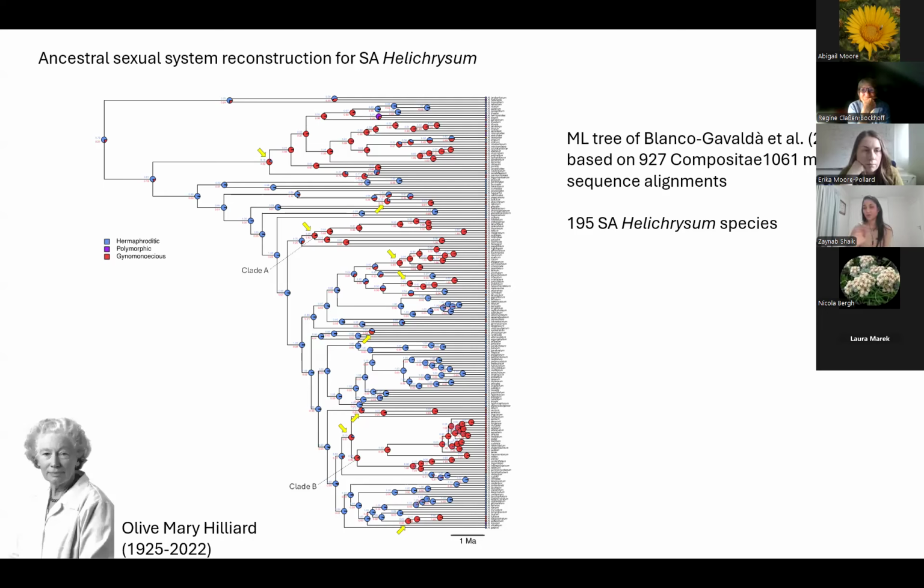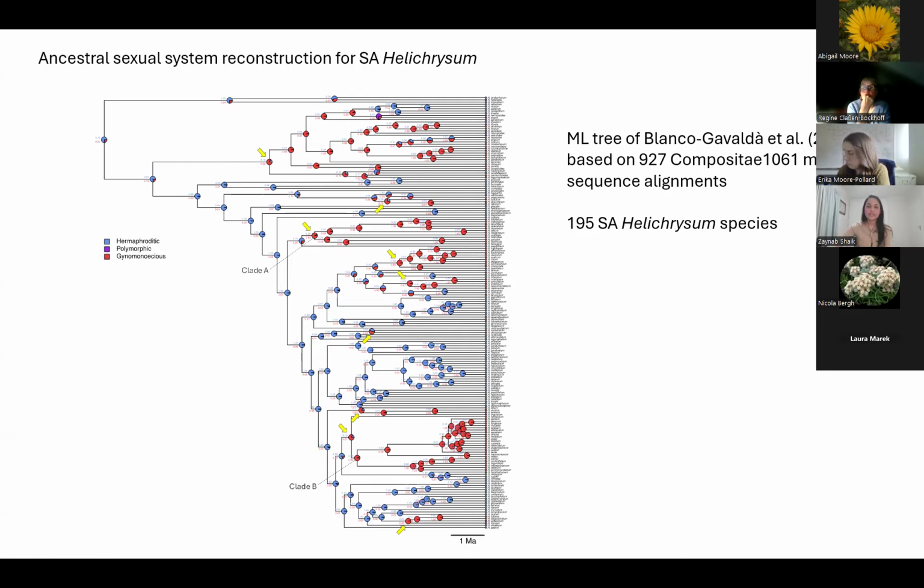So this was a wonderful storehouse of data. And she also recorded the sizes of the capitulum and the size of the receptacle and the size of the achenes. And so using these two sources of data together, we first performed an ancestral sexual system reconstruction. We assigned sexual systems here to the tips using Hilliard's floret counts.